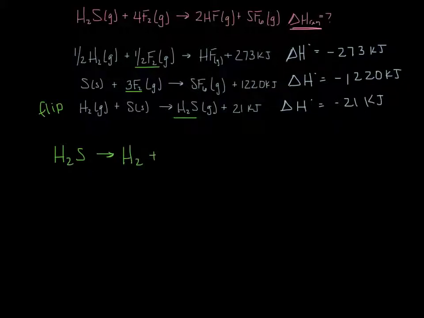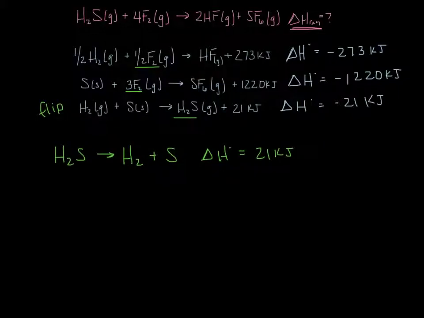And since we flipped our reaction, whatever we do to the reaction, we have to do to our energy. So our delta H for this reaction becomes 21 kilojoules, because when we flip it, we flip the sign. If it's negative, it becomes positive. If it's positive, it becomes negative.